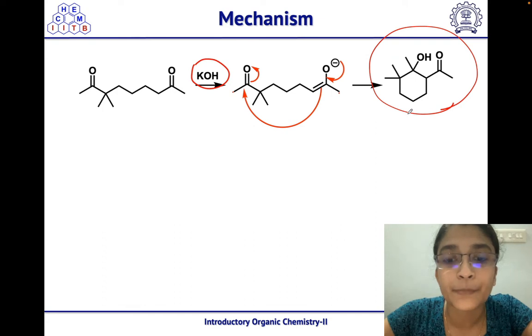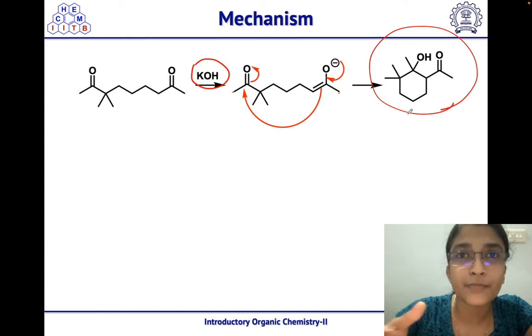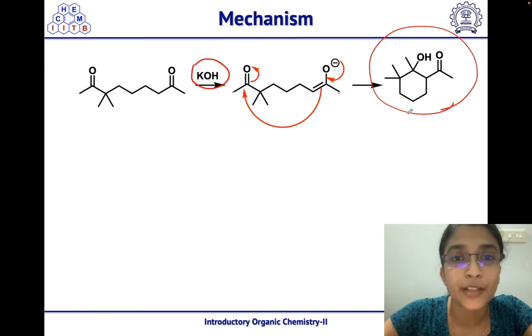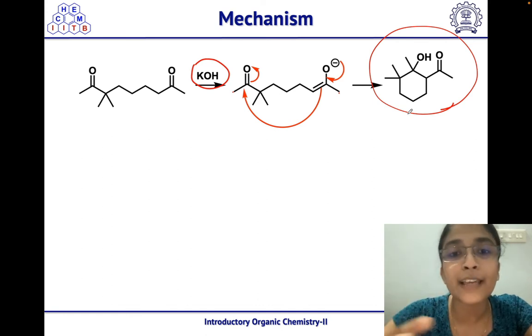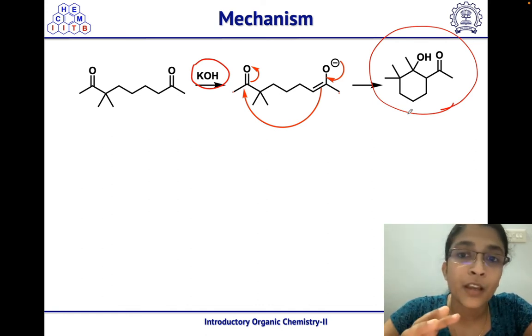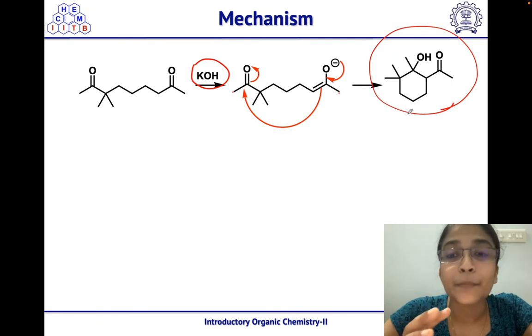Ma'am, why is an 8-membered ring unstable compared to a 6-membered ring? That is because of the bond angles and so on. In a six-membered ring, the torsional angles will not cause that much destabilization.